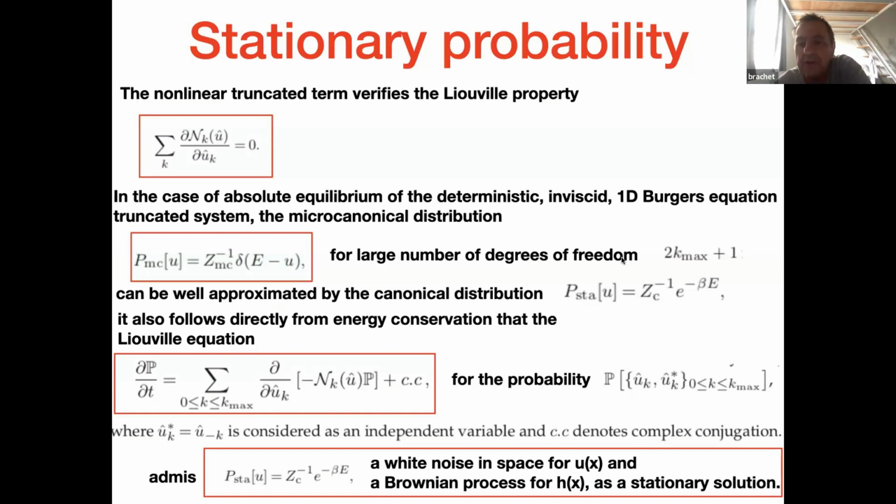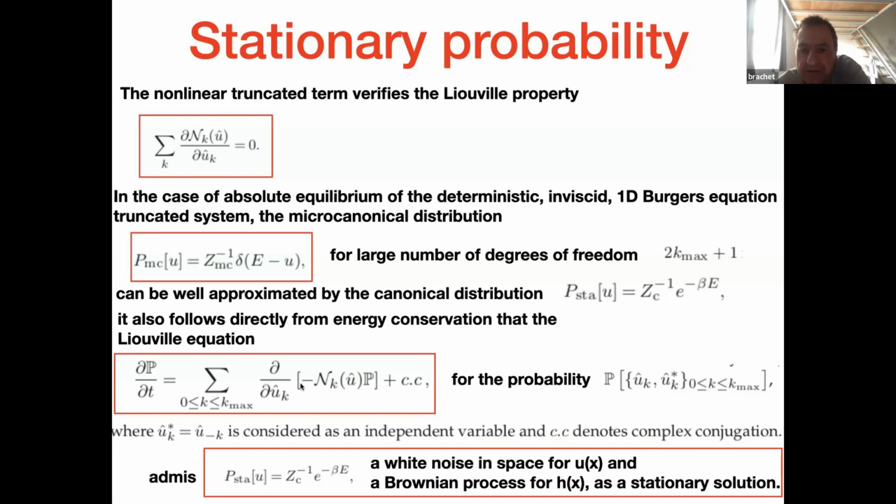When the number of degrees of freedom is large, you can approximate that by a canonical distribution. And here I've written the Liouville equation for the probability. You can check, of course, that the canonical distribution is a fixed point of the Liouville evolution.